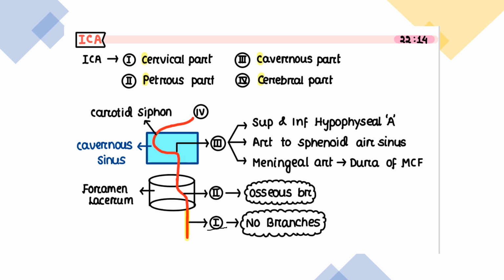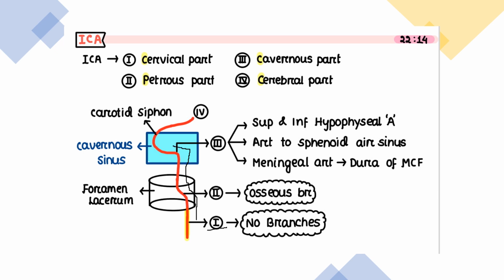So as you can see in this diagram, this is the course of the internal carotid artery. It is a very dangerous course actually, because this artery is the only artery which passes inside the cavernous sinus.